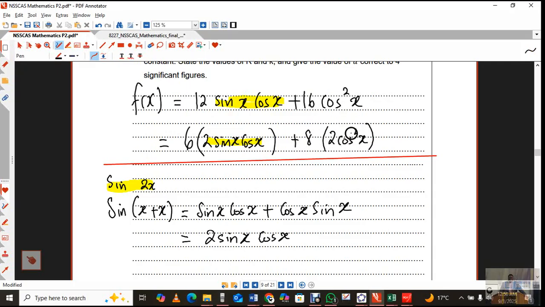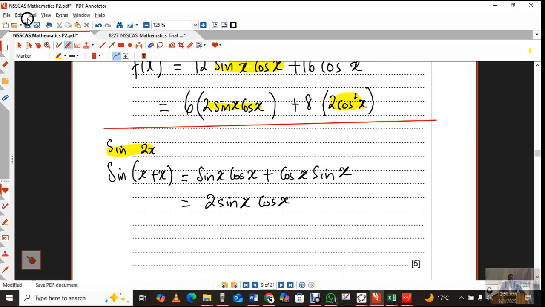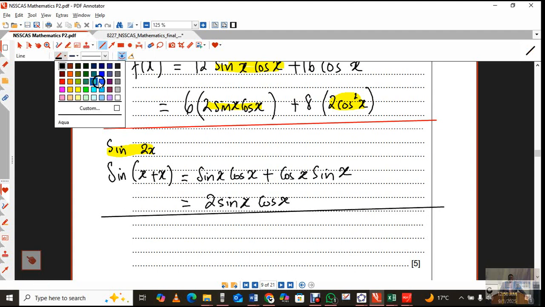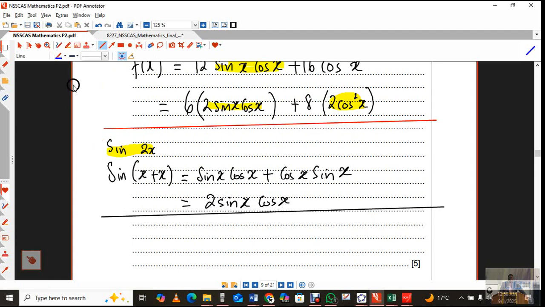So I'm interested in the 2 cos square x, and there is a reason why. I'm going to come back to, and I hope by now you recall your identities, and I'm going to look into the cosine one, not identities, but the compound angles.